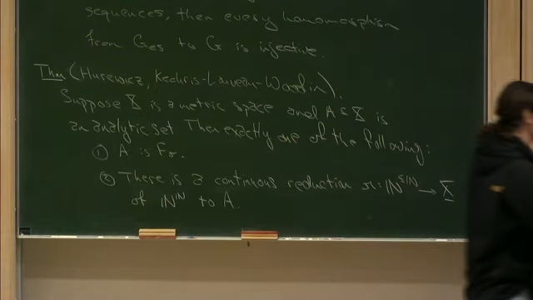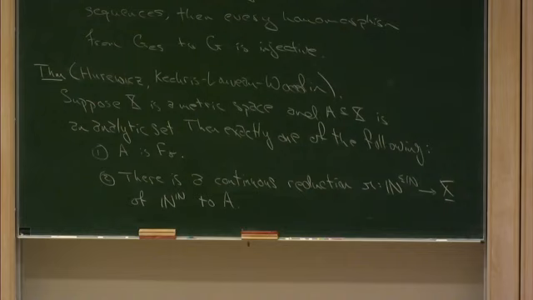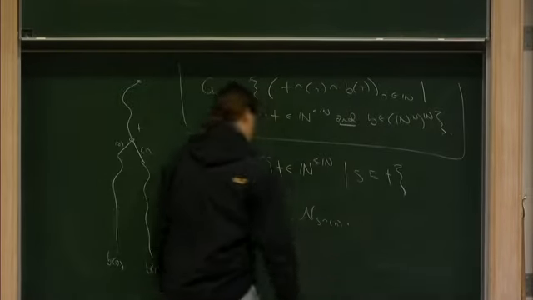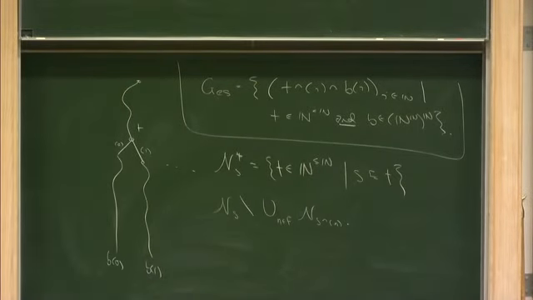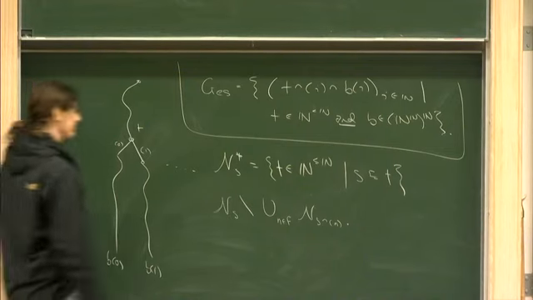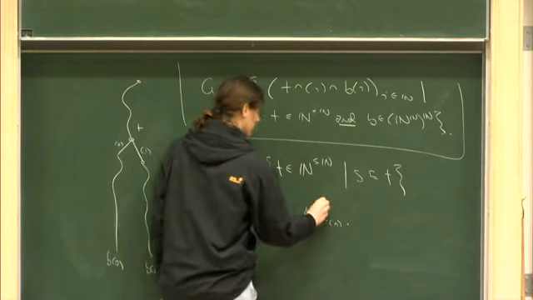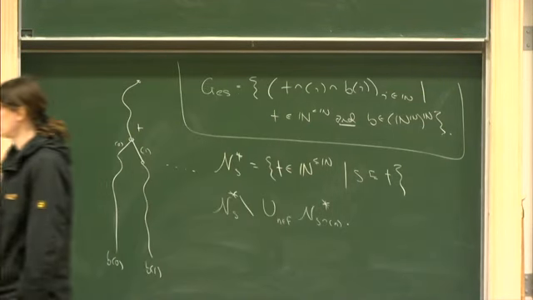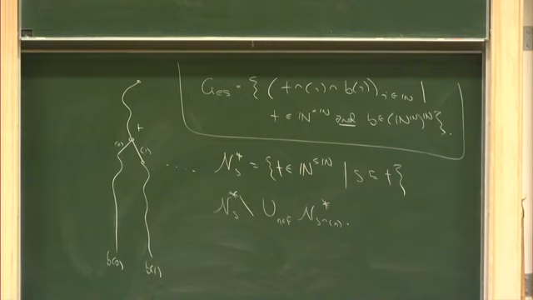That's the same as the topology generated by sets of the form N_s* minus the union, for n in some finite set, of N_{s followed by n}*. And it's easy to see that Baire space is a dense G delta there.